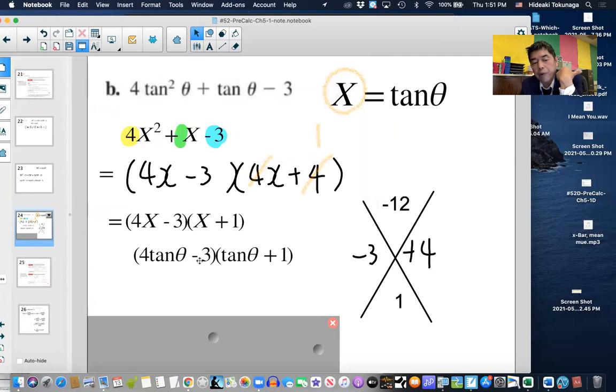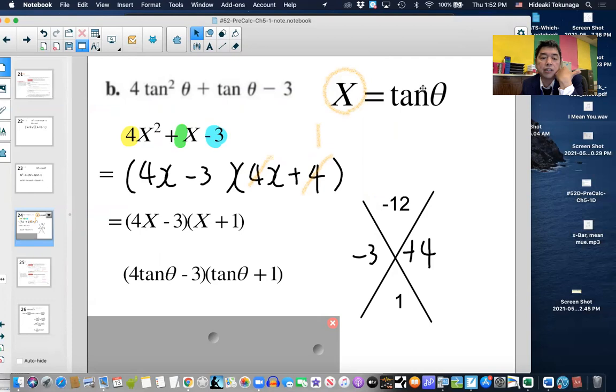Now you have to convert back to tangent theta, since capital X represents tangent theta. So 4 tangent theta minus 3 and tangent theta plus 1. This is the end of the video where we did examples 3 and 4. If you have any questions, get back to me. I will create example 5 and example 6.